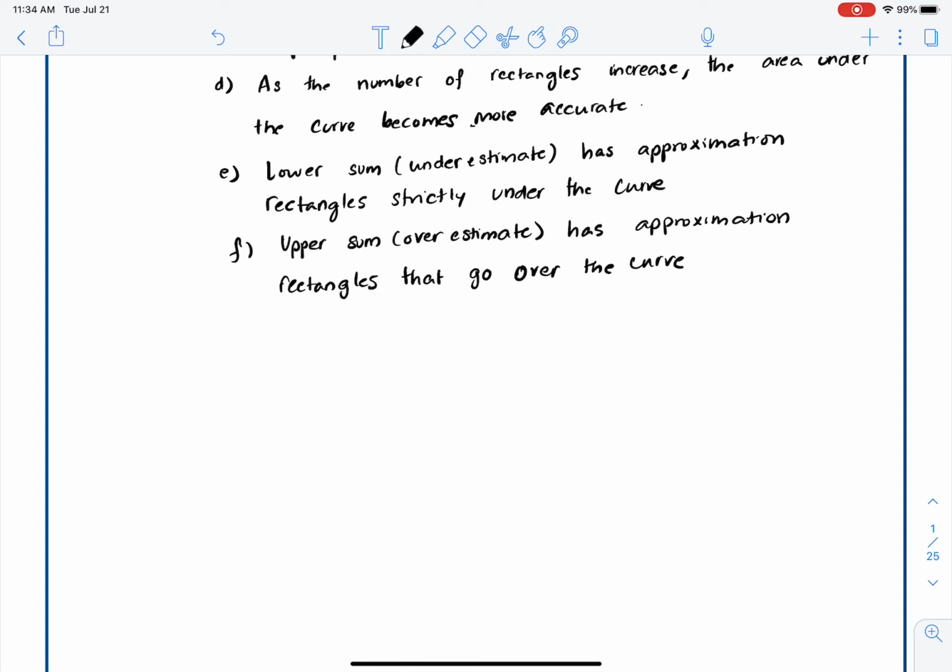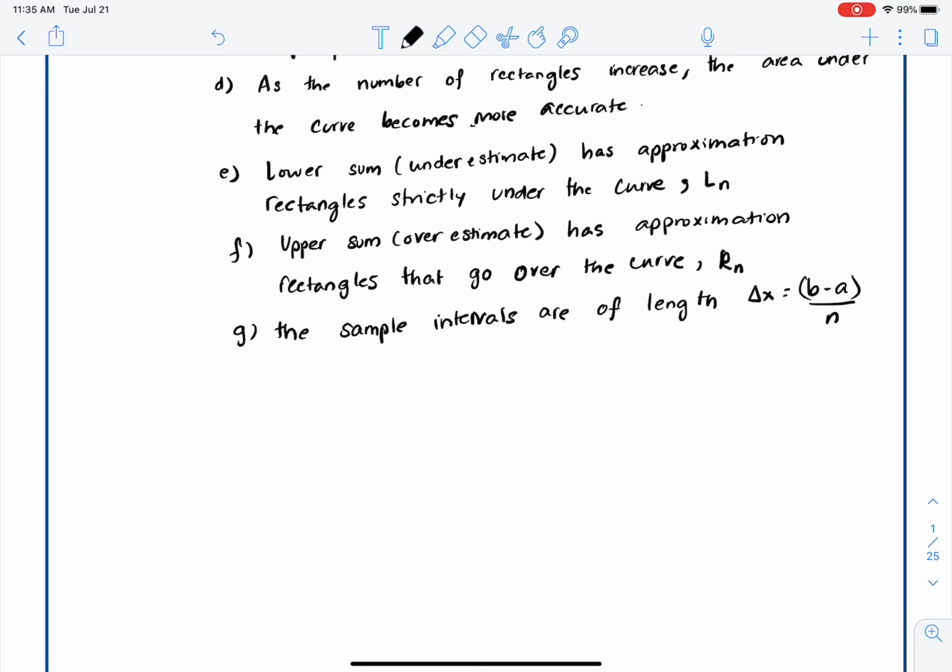And we sort of gave a limit definition, but for now I'll just call this Ln and Rn. The sample intervals are of length delta x equal to b minus a divided by n.